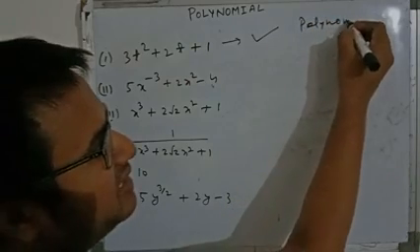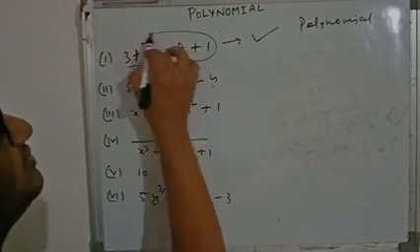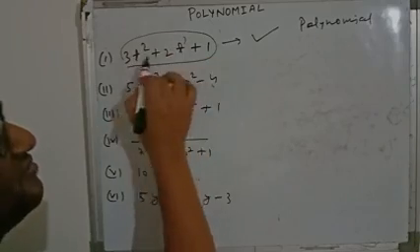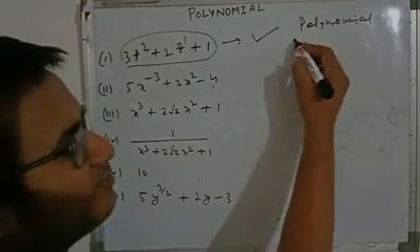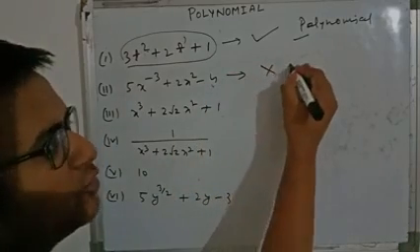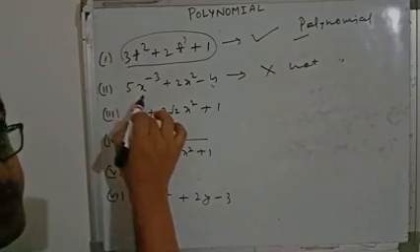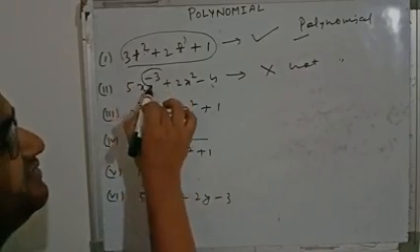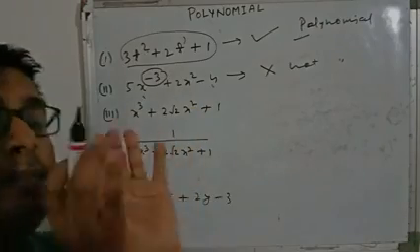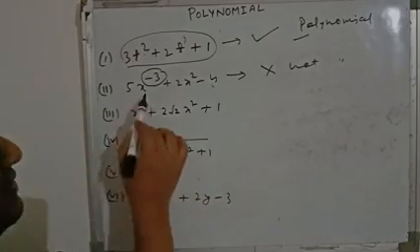Because it is an algebraic expression in which the power of the variables, you see here it is 2, it is 1, are positive integers, so it is a polynomial. But this one is not a polynomial. Why? Because x is the variable, and the power of the variable is negative here, so it is not a polynomial. To be a polynomial, the power of the variable should be a positive integer.